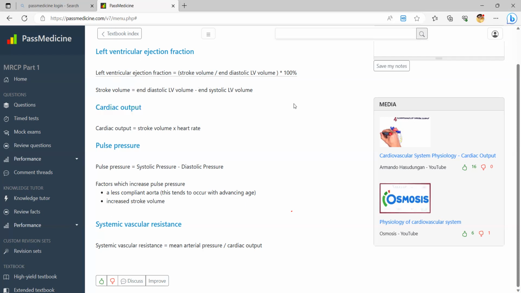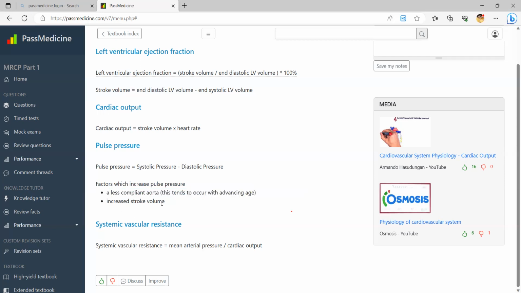This is the physiological method. Another one, cardiac output. Cardiac output is stroke volume times heart rate. So you need to know how you calculate the stroke volume. And pulse pressure, that is systolic pressure minus diastolic pressure, and factors which increase pulse pressure: a less compliant aorta, which tends to occur with advancing age, so geriatric or very elderly people have this.